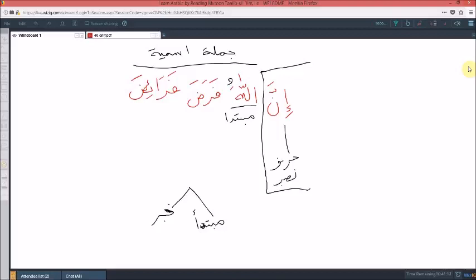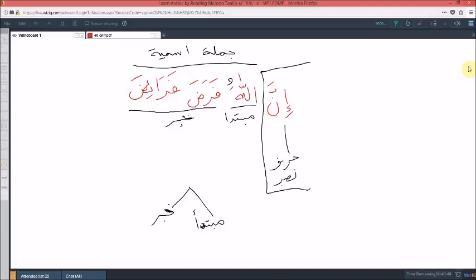Right? Marfu'. And then we have our khabar, which is this another sentence. This sentence here, farada fara'id, is the khabar about Allah. Allah, what about Allah? Farada fara'ida. Okay, so that's our khabar.